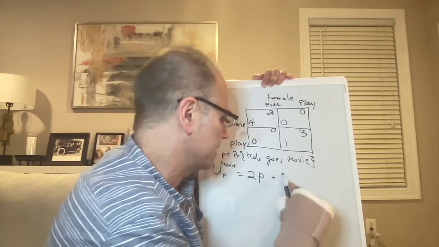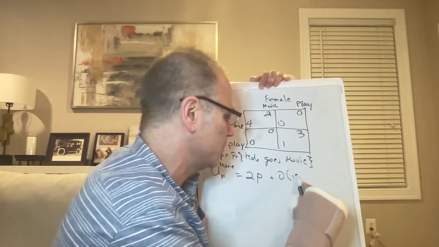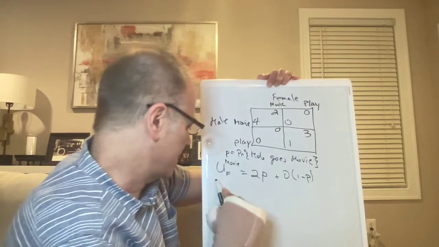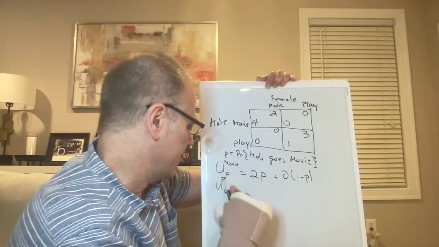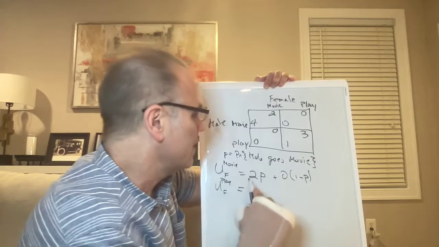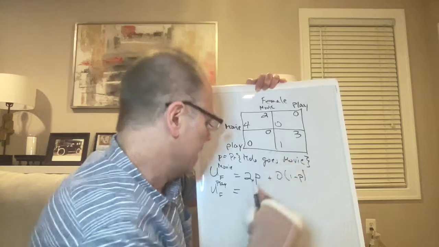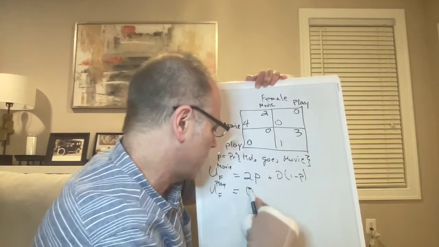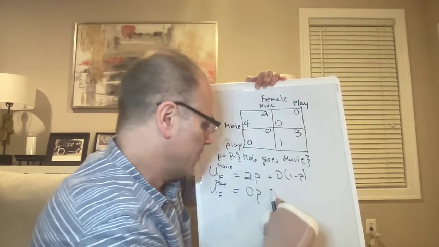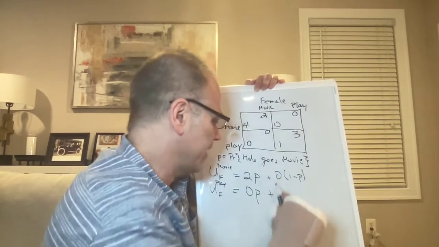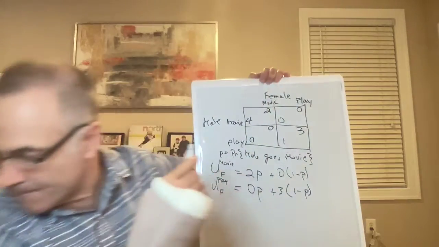So it's plus 0 times the probability that the male picks play, which is 1 minus P. And then next, UF play equals, if she picks play, 0 times the probability that the male is picking movie plus 3 times 1 minus P.